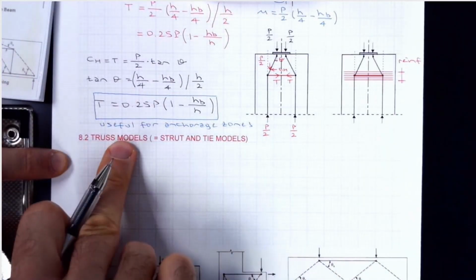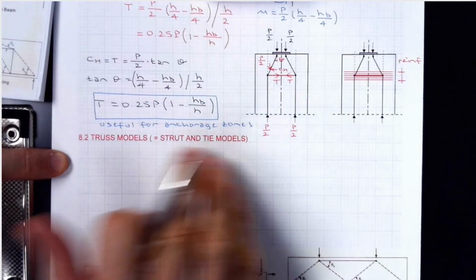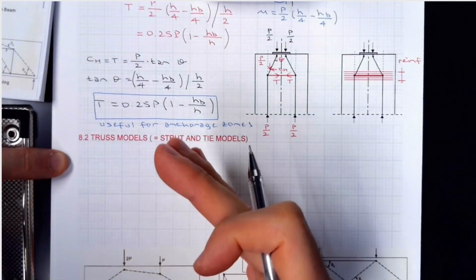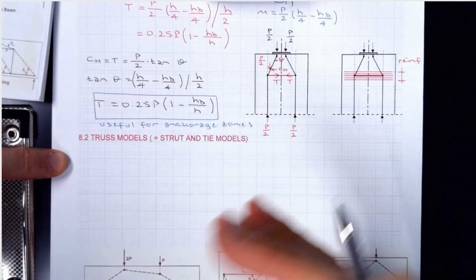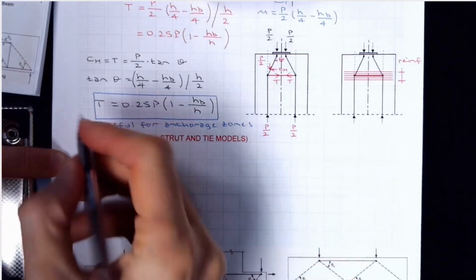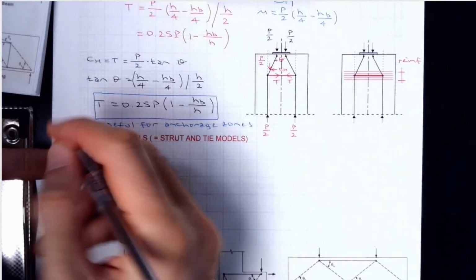So truss model, strut and tie model, nothing different than a truss model. So you are creating a truss model, which makes sense. That is the requirement with this.